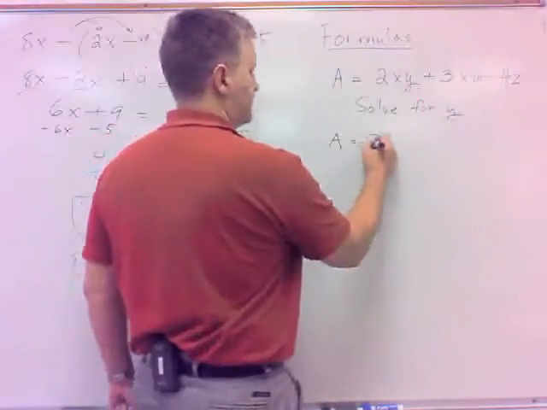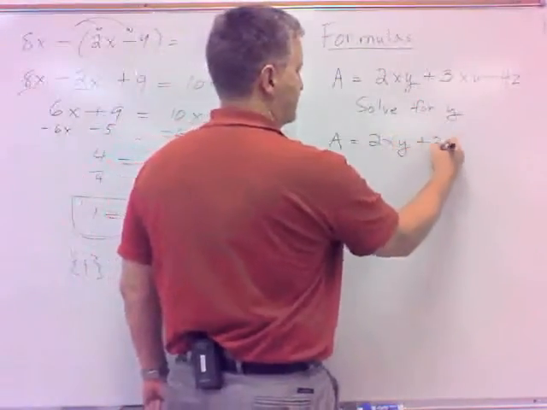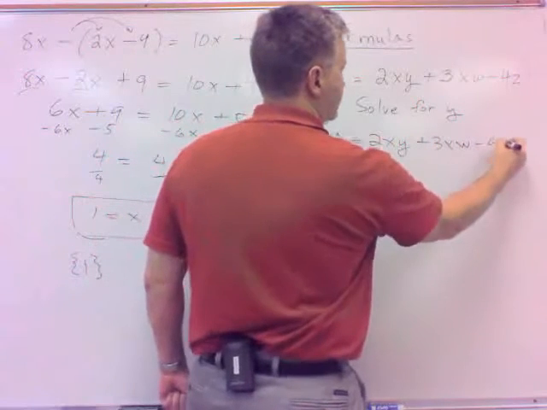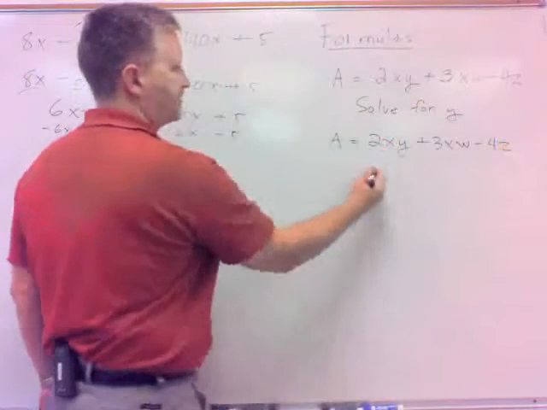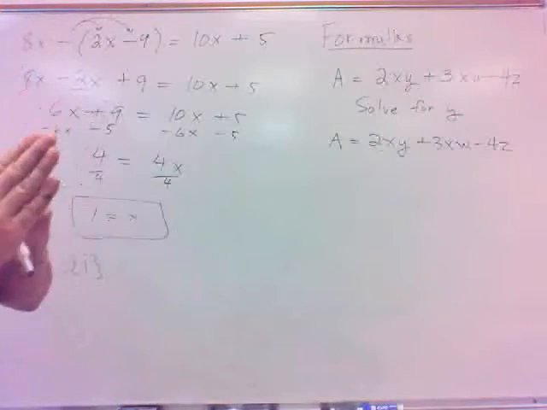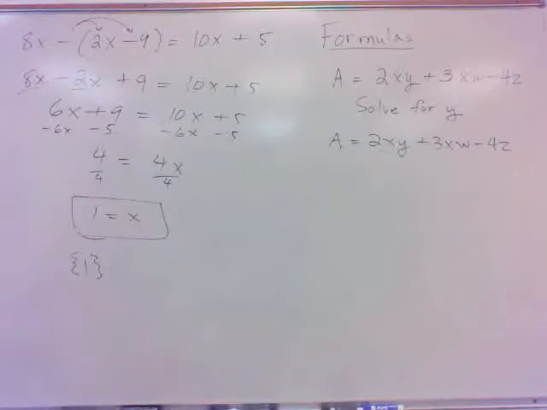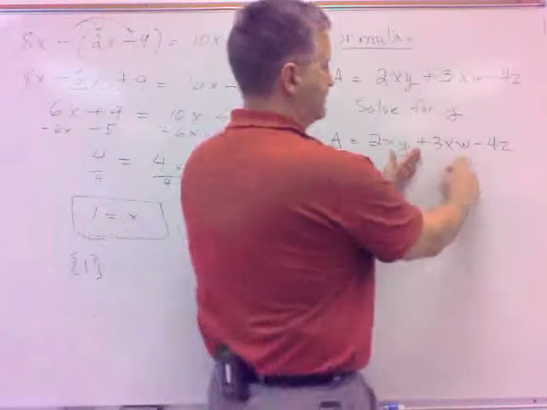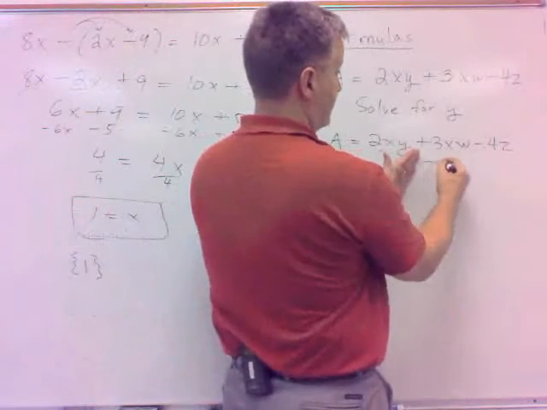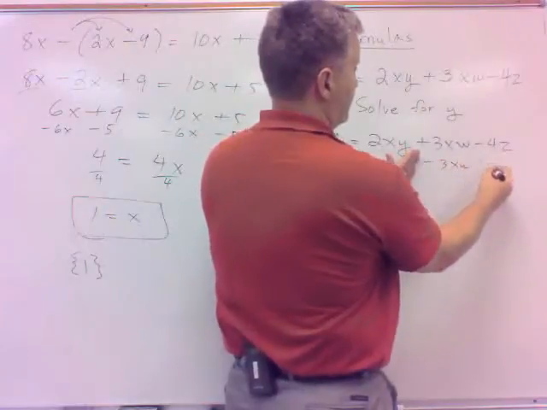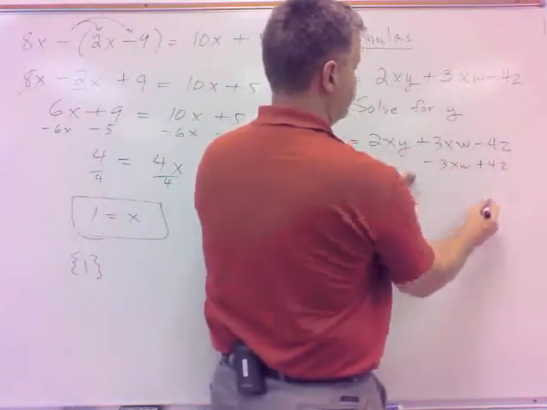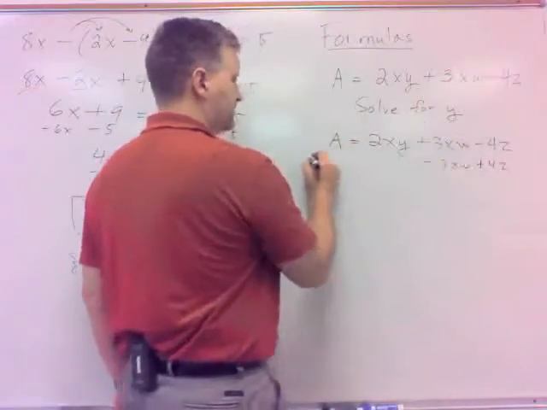And in this instance, first of all, I've got the y term here, so I need the other terms to go away from that side. I need to get rid of these two terms, which would mean subtracting 3xw and then adding the 4z, wouldn't it? That'll get rid of those terms.